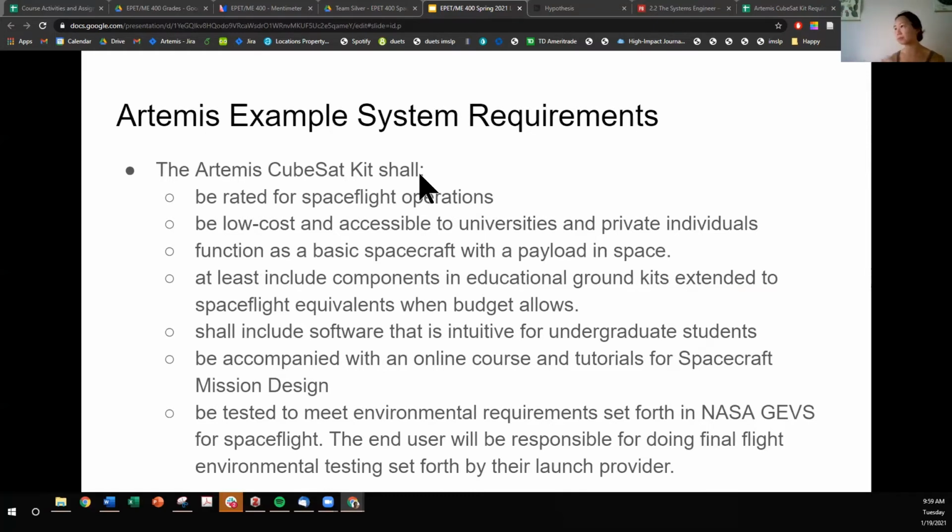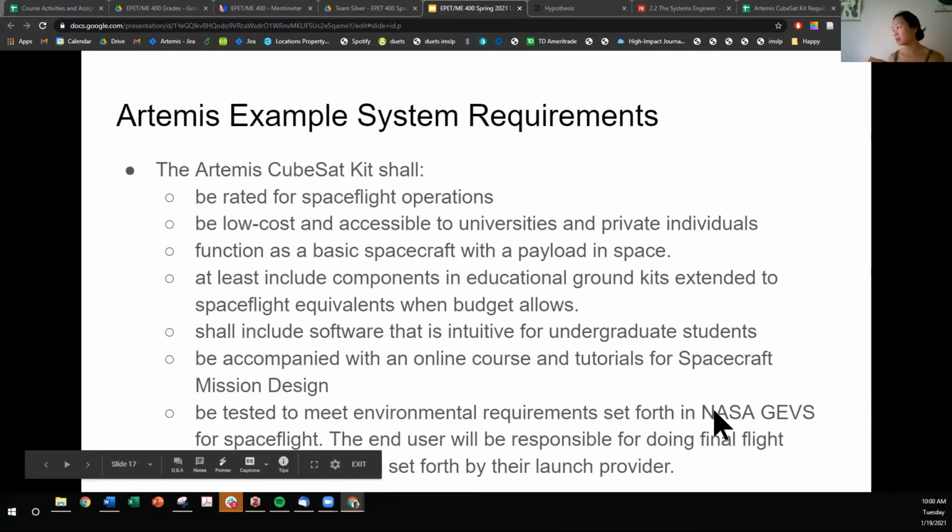I think in the systems engineering handbook, I don't want to get it wrong, but there are other words for softer constraints. So the Artemis CubeSat kit shall be rated for spaceflight operations, shall be low cost and accessible to universities and private individuals, shall function as a basic spacecraft with a payload in space, shall at least include components in educational ground kits, extended to spaceflight equivalents, shall include software that is intuitive for undergraduate students, shall be accompanied with this online course and tutorials for spacecraft mission design, and shall be tested to meet environmental requirements set forth in the NASA GEVs for spaceflight.